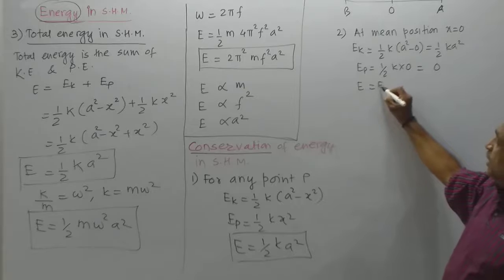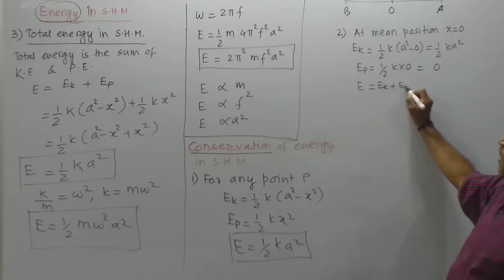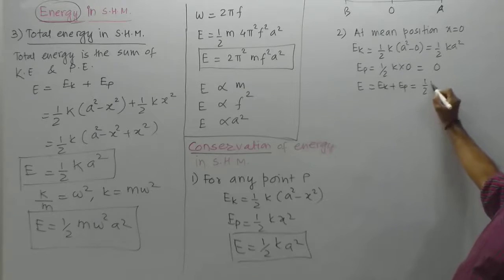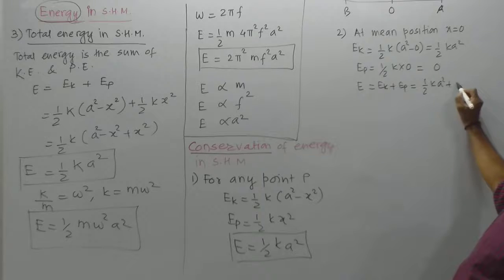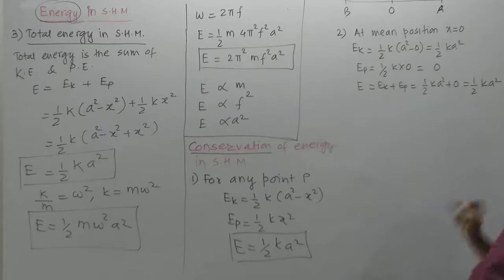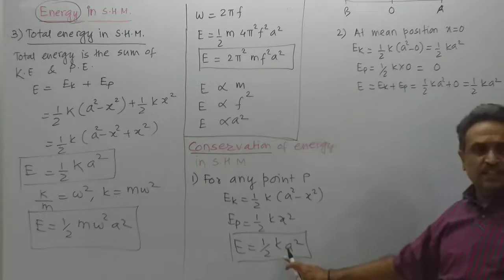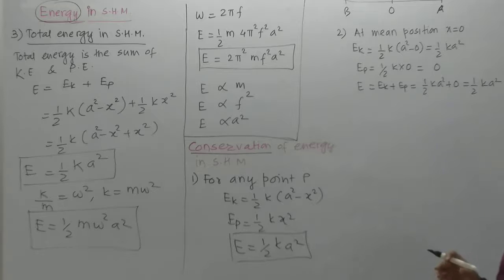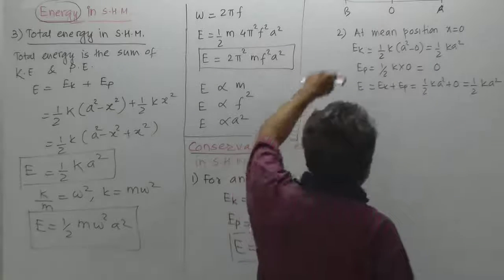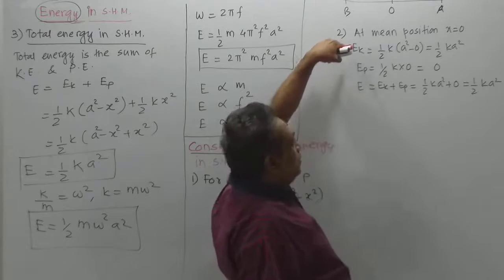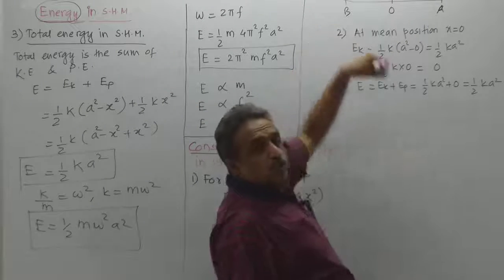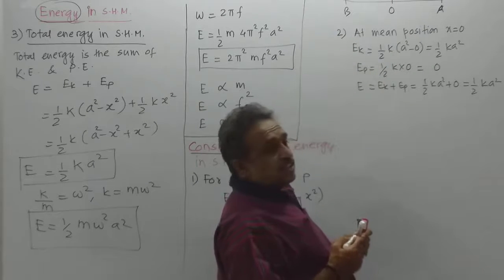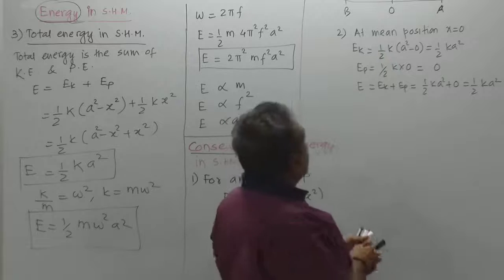Total energy is Ek plus Ep, half KA square plus 0. Again I get total energy as half KA square. You can see the same as before: only difference is that the potential energy is not present, it is 0. Only form of energy present is kinetic energy.